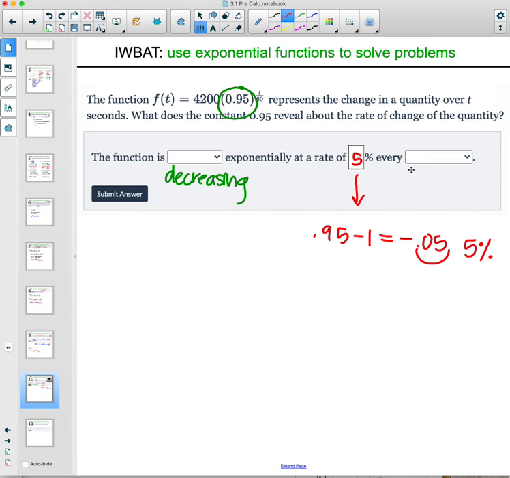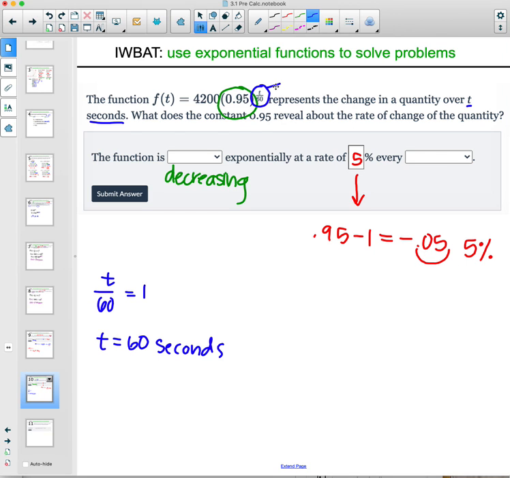So 5% every how often? Take a look at this exponent. What is t measured in? t is seconds. So we need t over 60 to equal 1. So multiply by 60. So every t equals 60 seconds, it's going to decrease by 5%.